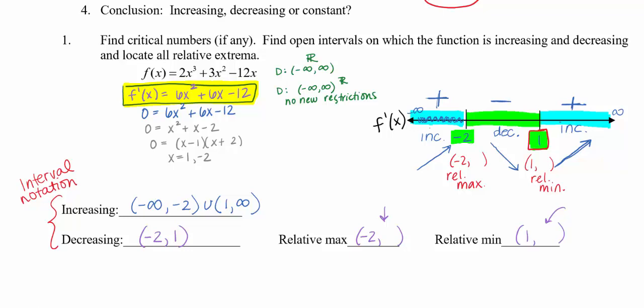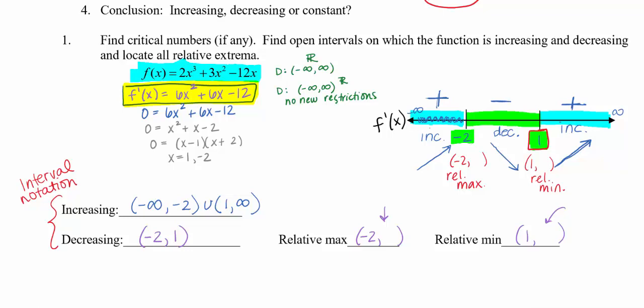They can also ask you at what x value does the relative max occur. In that case, you already have that answer, x equals -2. So in order to find where the relative max is at a point, or in order to find that y value, you do have to go back to the original function and put -2 in and evaluate that.